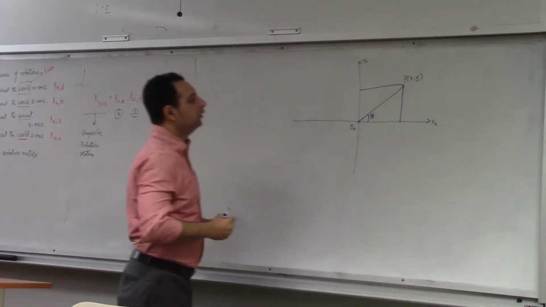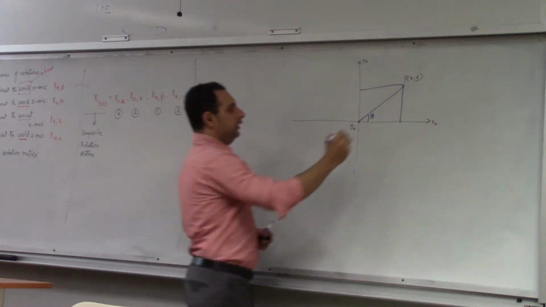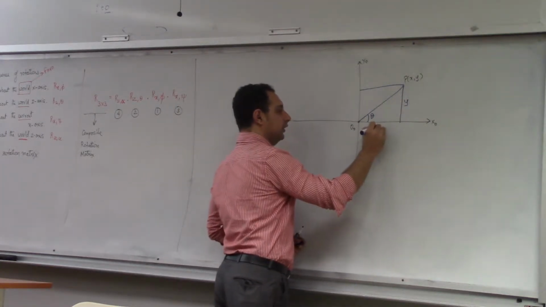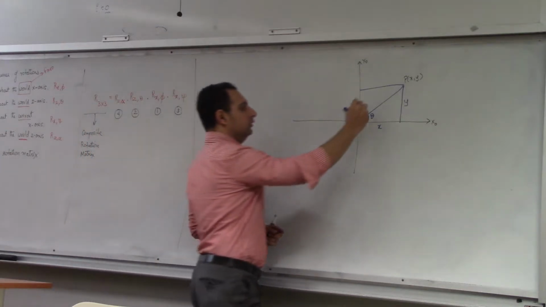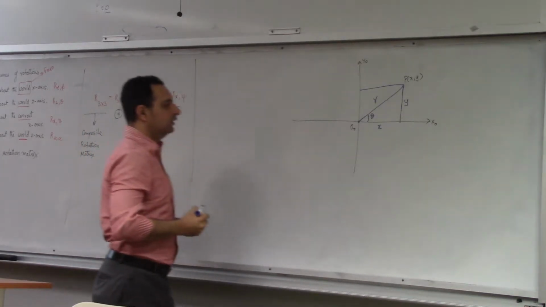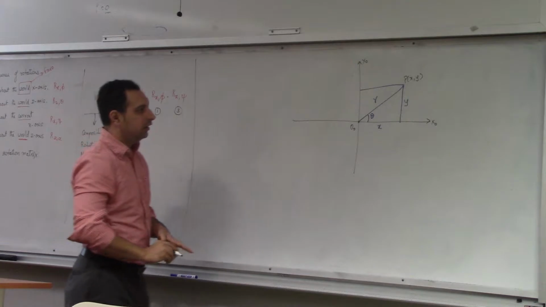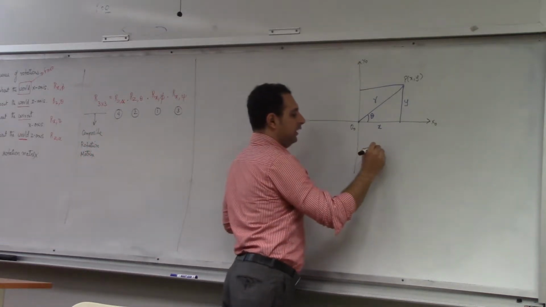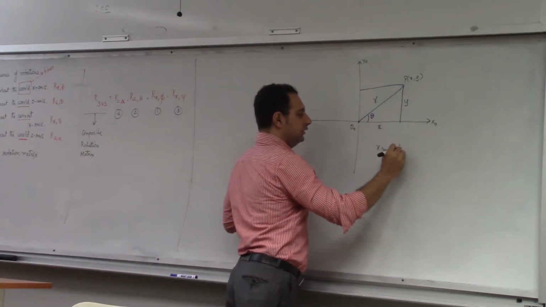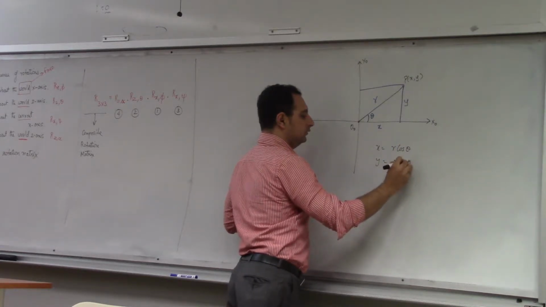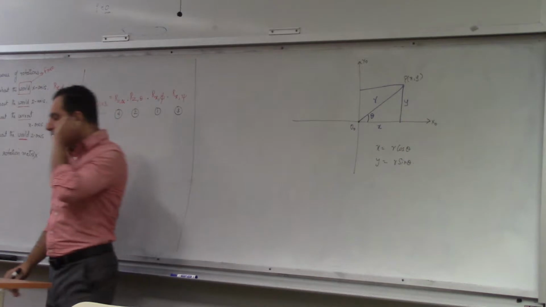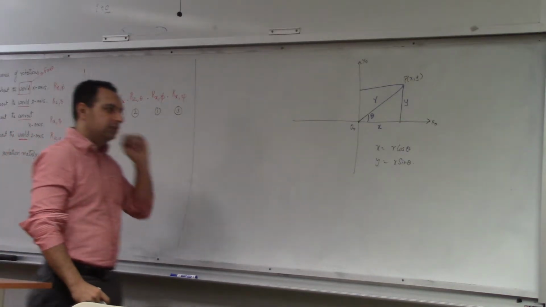This is y, and this is x, right? We know this. And let's say this is r, the length of the line, then x is equal to r cos theta and y is equal to r sin theta. Right? That is pretty simple. So I can express theta as tan inverse of y over x.